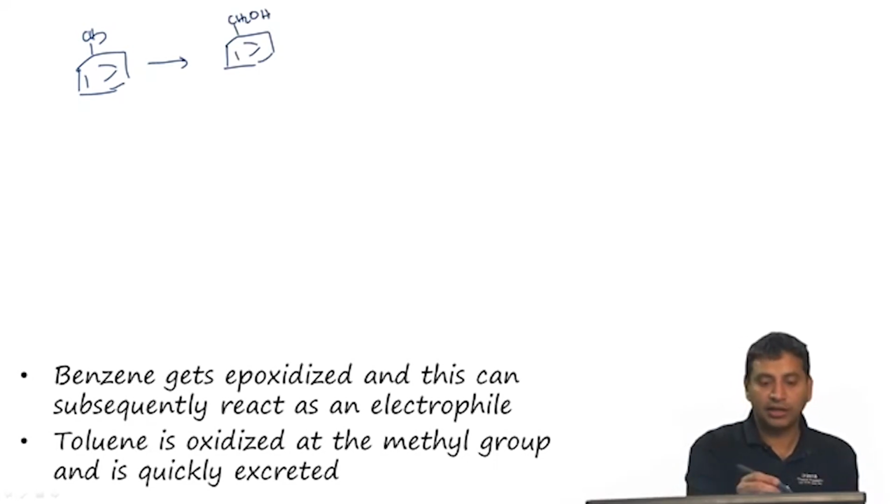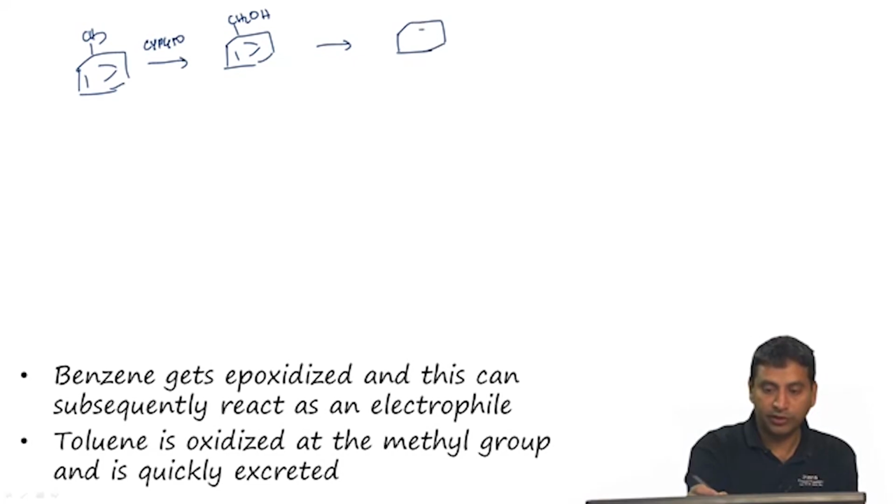CH2OH. This is catalyzed by CYP450, which can then subsequently be oxidized further to form the aldehyde, which can then again undergo oxidation to form the carboxylic acid.